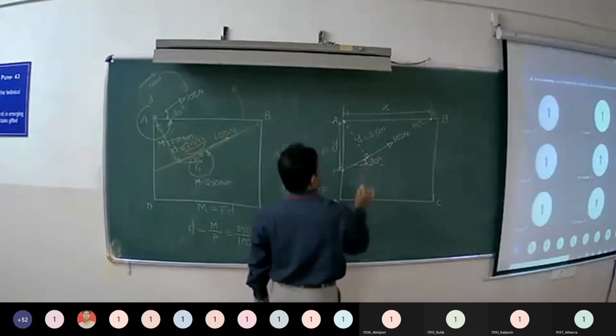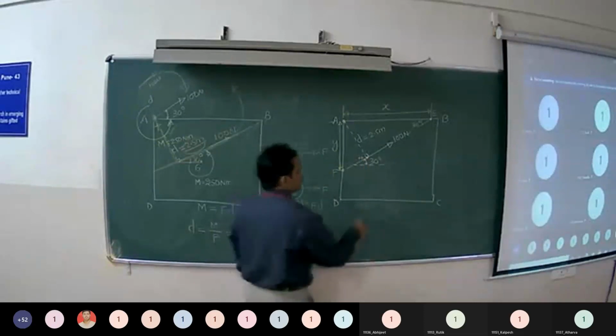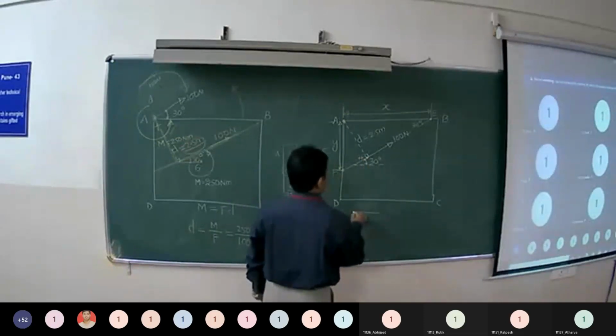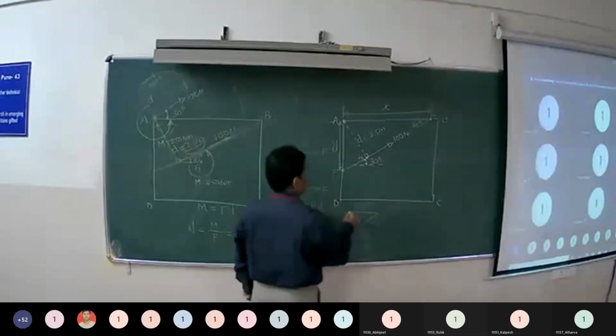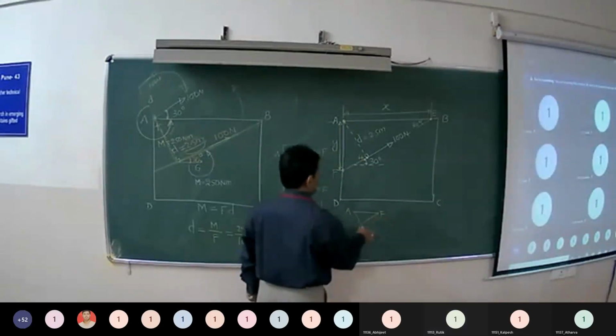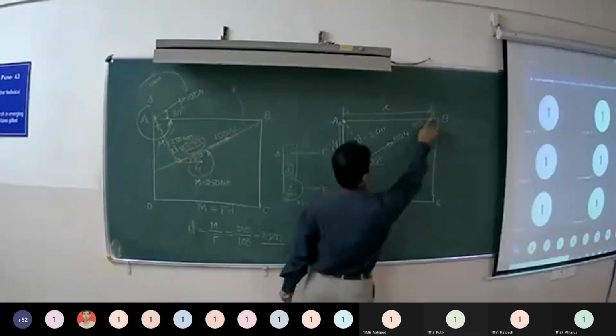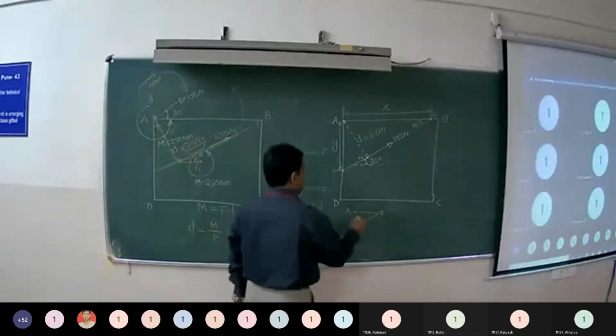Now I will call this point H. Now from the right angle triangle A, F, H.